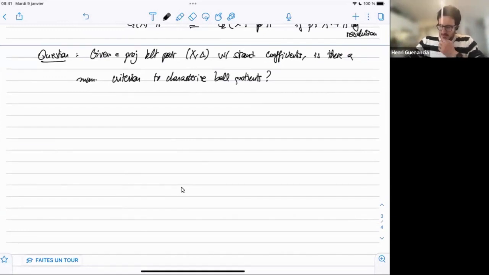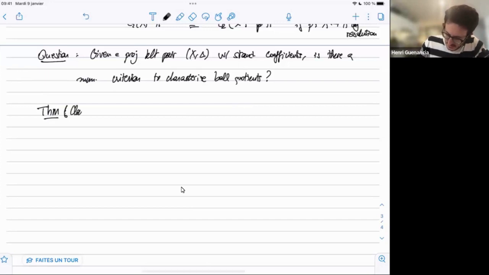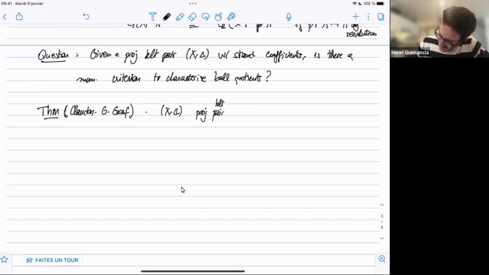Okay, so that's the question, and the theorem that I want to explain today is an answer to that question. Again, that's a collaboration with Claudon and Graf. It says the following. So X delta projective pair, KLT pair with standard coefficients.